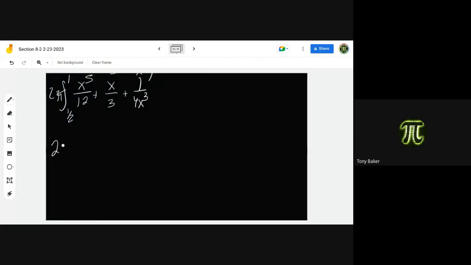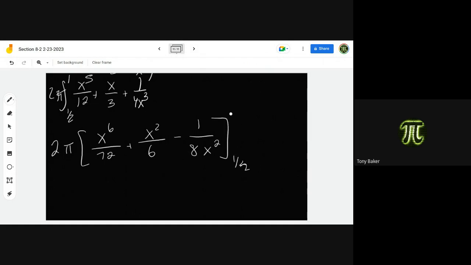So if I do that, I have 2 pi. We have x to the sixth over 72 plus x squared over 6 minus... Twelve x to the squared. That's what 8. One half and 1.